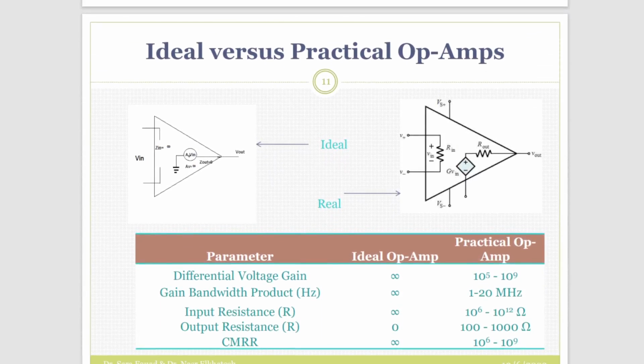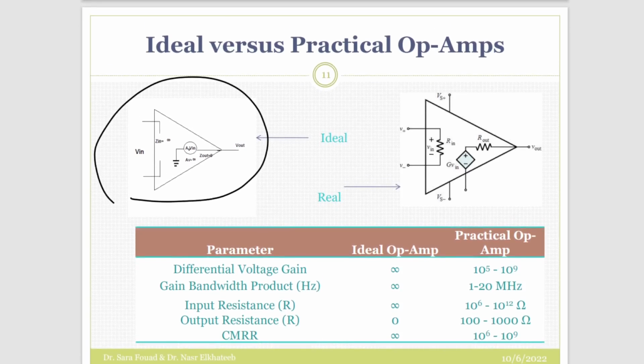The ideal versus practical operational amplifier. We have talked about the ideal. The ideal operational amplifier, in terms of differential voltage gain, has an infinite voltage gain, but the practical operational amplifier varies from 10 power 5 to 10 power 9.